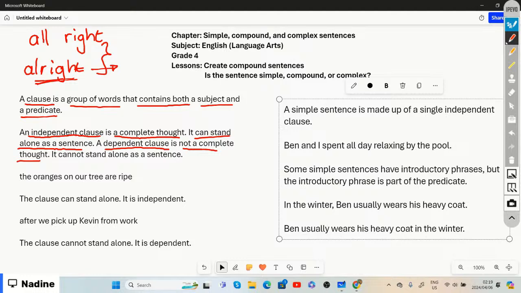But as soon as you are writing an essay, a formal letter, applying for a job, or writing to the president, for example, then you need to use formal language. And that is when we use "all right", because this is formal and universally accepted.